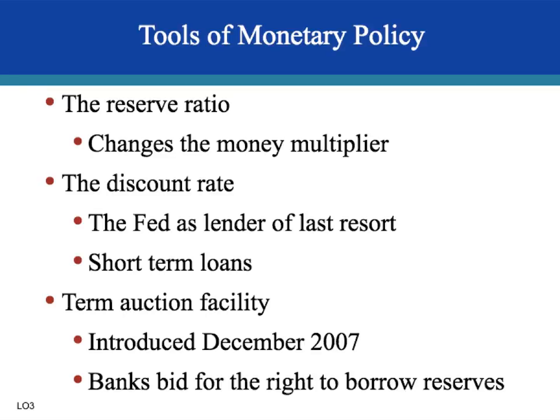That way banks will instead keep reserves with the Fed and earn interest instead of lending that money out, which would increase the money supply. And then vice versa, if the Fed wants the money supply to increase, then they will lower the interest rate on reserves kept with them, and that gives an incentive for banks instead to lend out those extra reserves, which again increases the money supply.